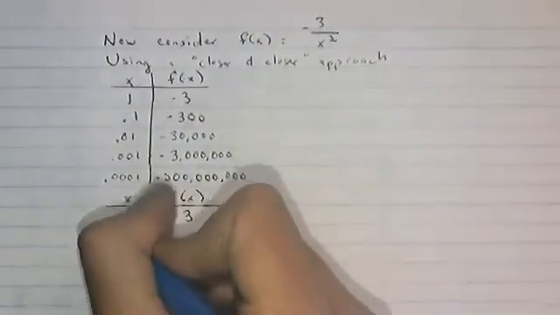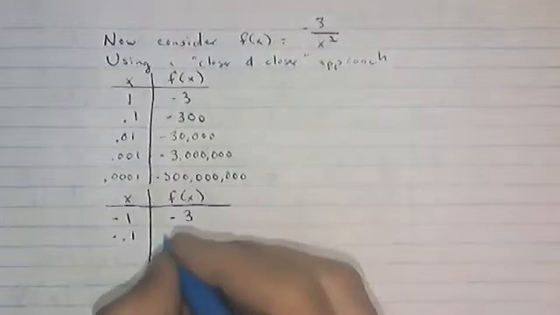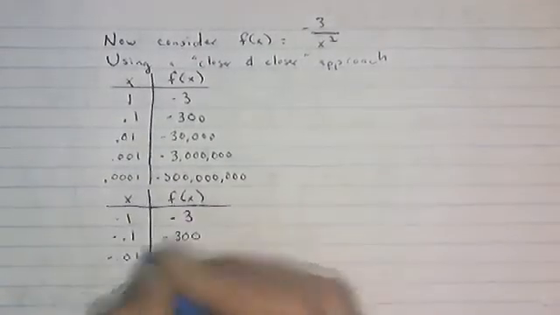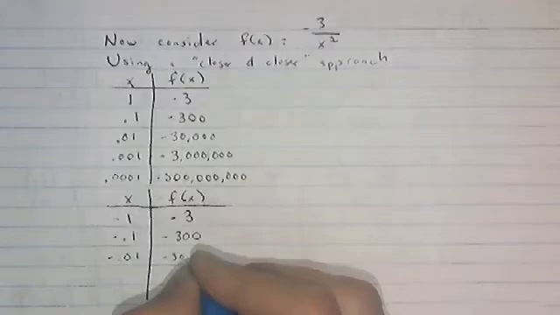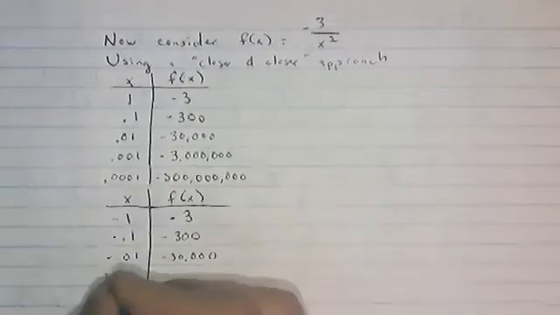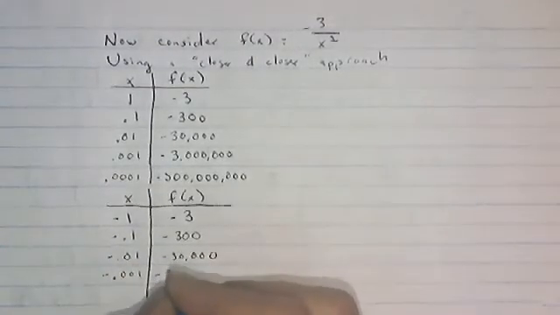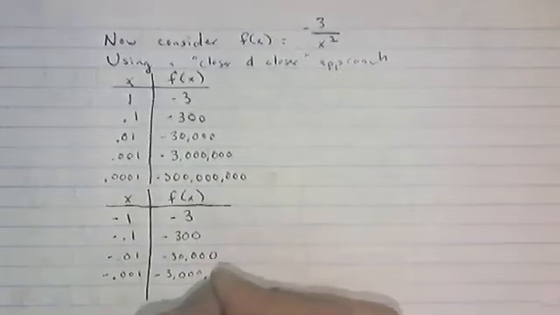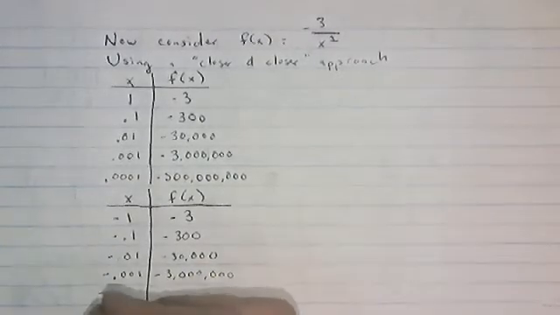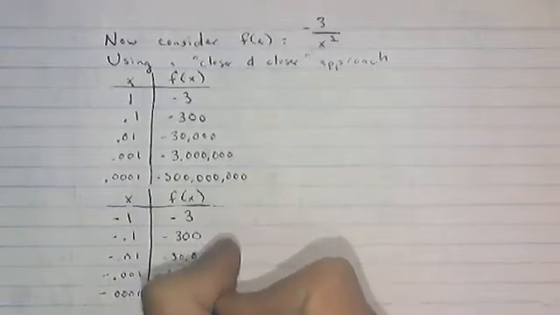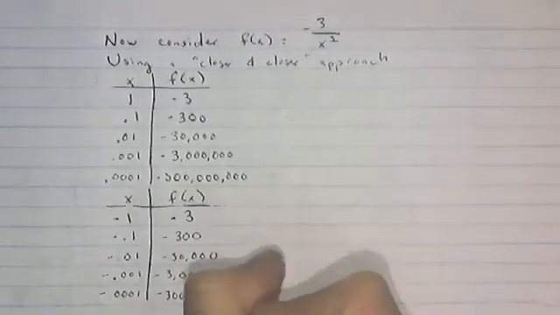You betcha. Negative 1/10 gives you negative 300. Negative 100th gives you negative 30,000. We have seen this song and dance before. Negative 3 million. And finally, negative 300 million. Yikes.